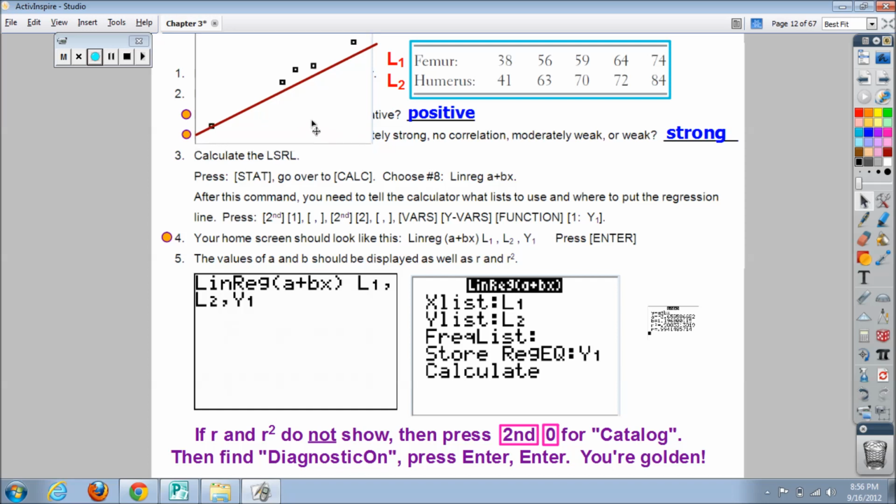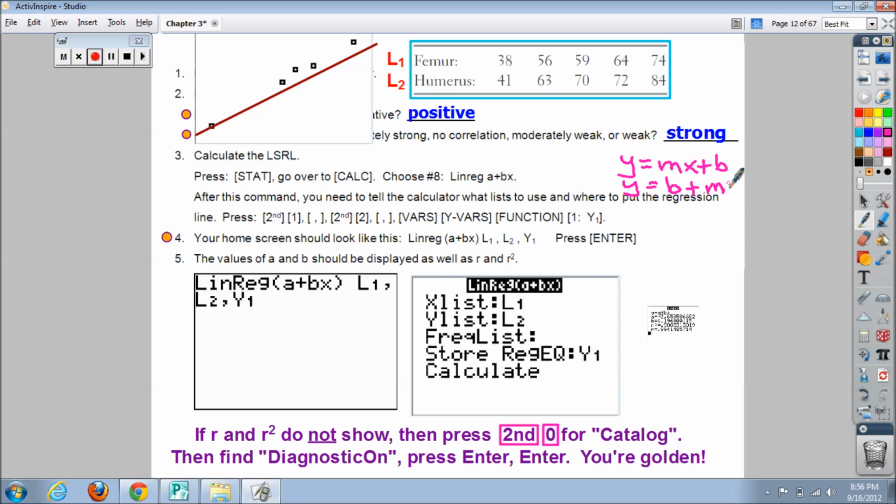So for number 3, we're going to press your Stat button, go over to Calc, and then go down to number 8, or you could just press 8 at this point, for LinReg a plus bx. Now for whatever reason in statistics, instead of thinking of y equals mx plus b, we kind of focus on y equals a plus bx.